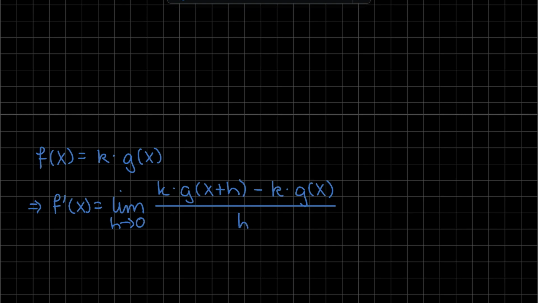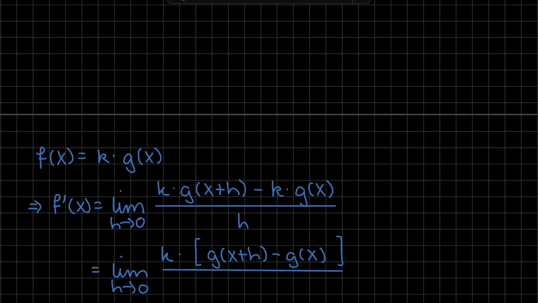Okay, now we'll do a similar step as in the previous example. We are going to factor out this constant k, and then we'll be left with, in big brackets, g of x plus h minus g of x over h. And in the next step, we will bring this constant outside of the limit since it's independent of h.